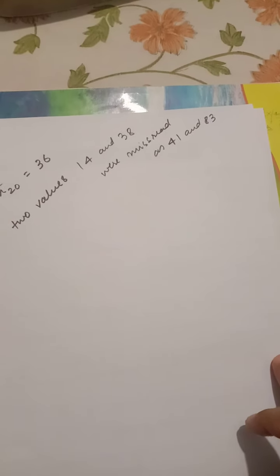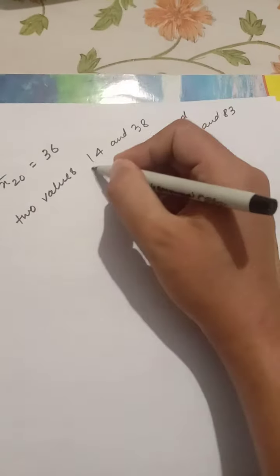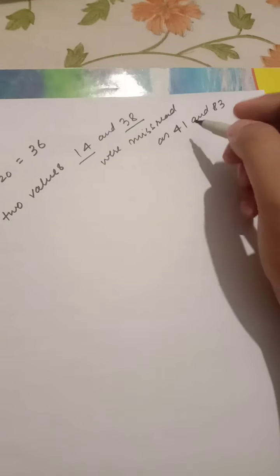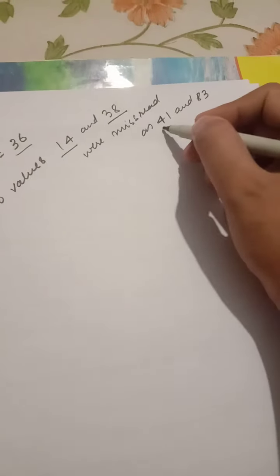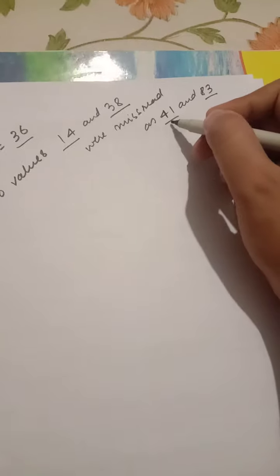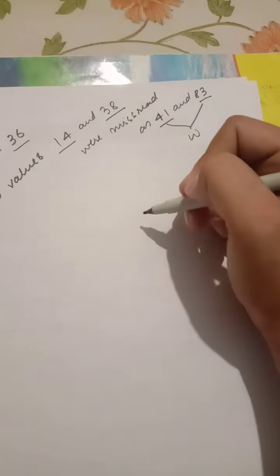The digits got reversed, so they were misread. The actual values were 14 and 38, but what we included in this mean were 41 and 83.